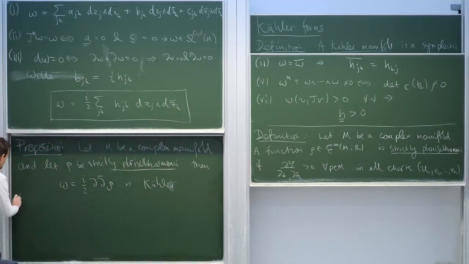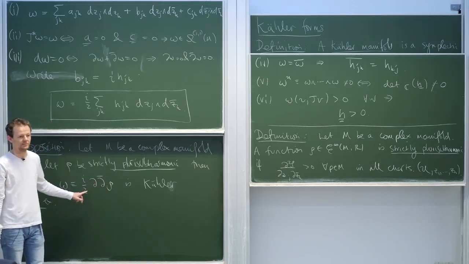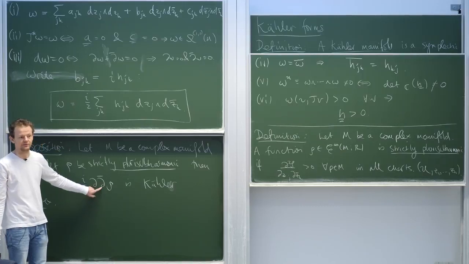Okay, the proof's an exercise. So note, while delta squared is 0, delta bar squared is 0, delta bar plus delta bar delta is 0, delta bar is not 0.